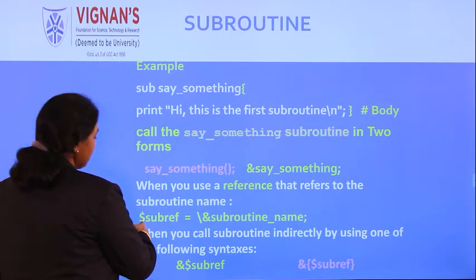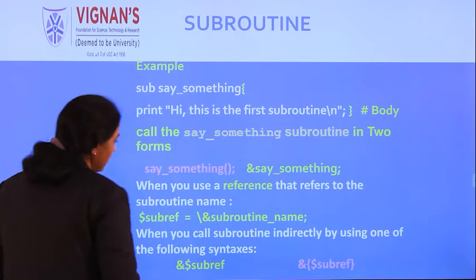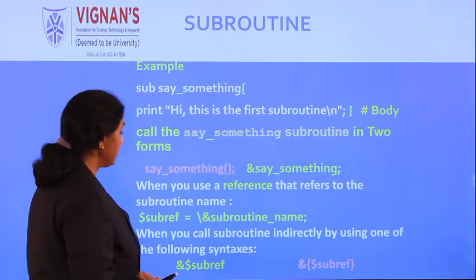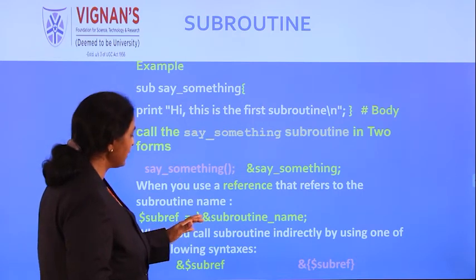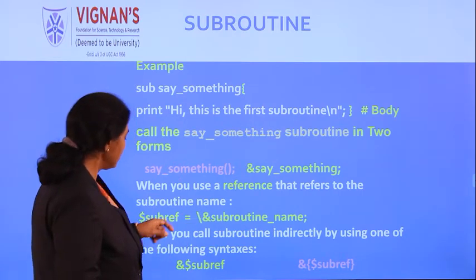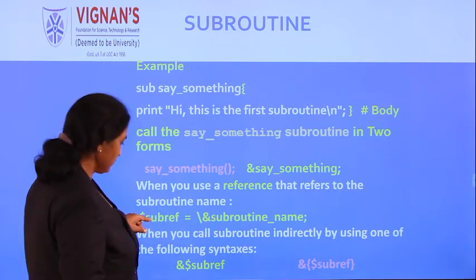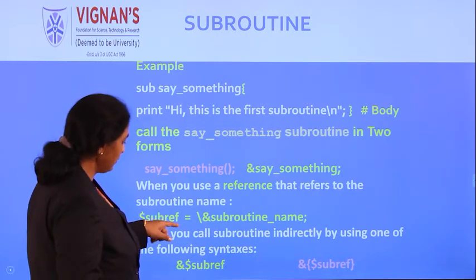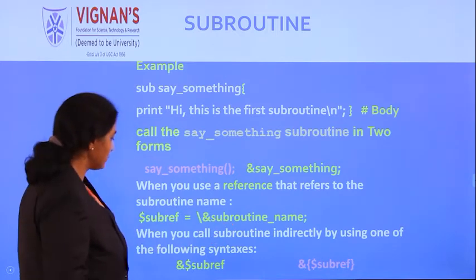Now see, first we are creating the reference. Reference creation, as already mentioned, is nothing but creating the variable preceded by a backslash. So here we are creating the subroutine name with the reference. Subreference is the variable where we are assigning the subroutine name as the reference.